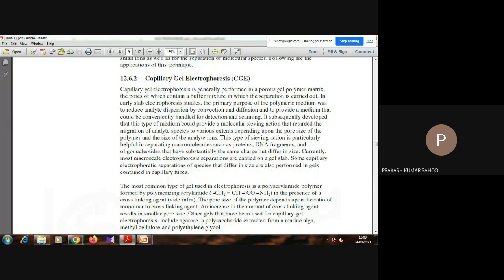Here, in the capillary tube, the gel is used to hold the sample, and it depends upon the porous gel polymer matrix, where the sample is entrapped, and the same capillary electrophoresis mechanism is carried out.